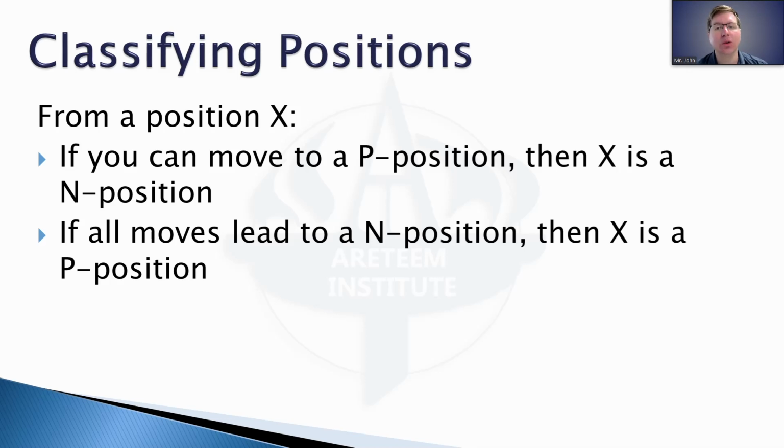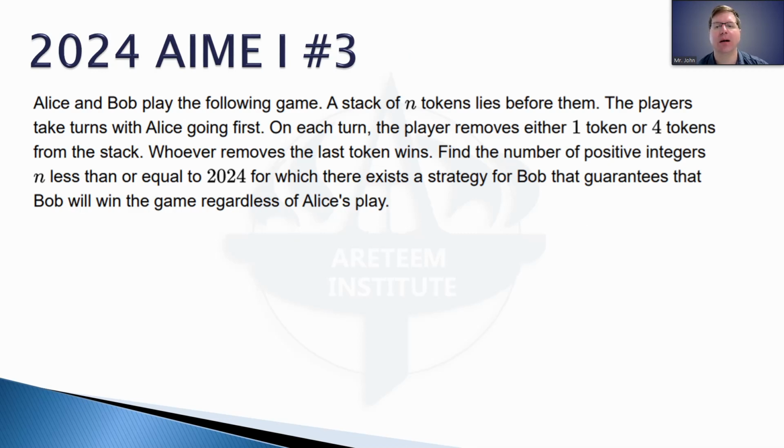And you can use these strategies to come up with pretty much a full classification of these things. So let's start thinking about this in terms of our game here a bit. I won't do a full proof of this, but the pattern is pretty easy, and as a challenge, as an extra question, you can use these P and N positions to describe this in a pretty nice way as well.